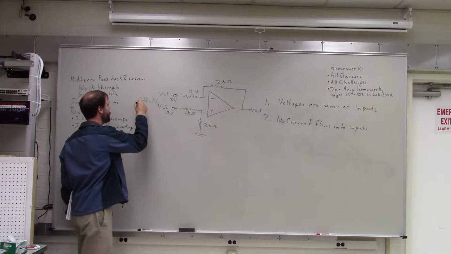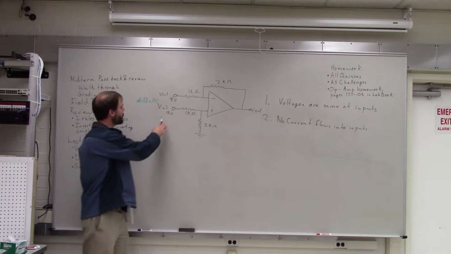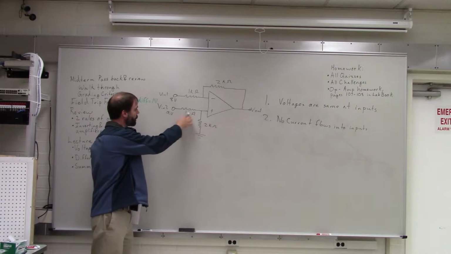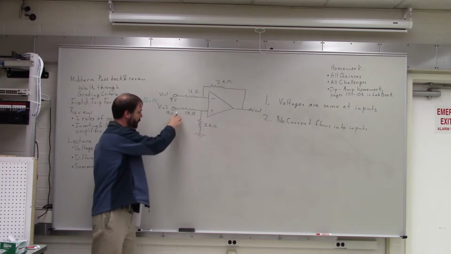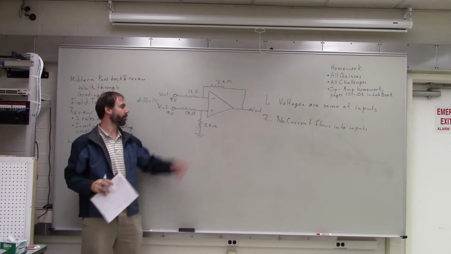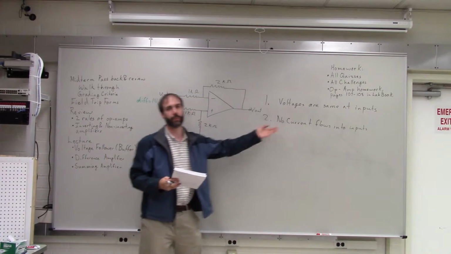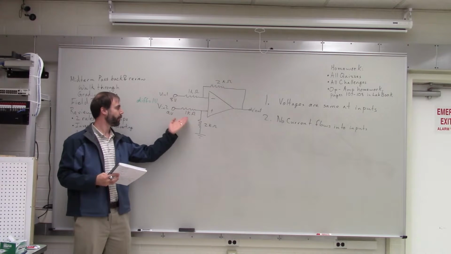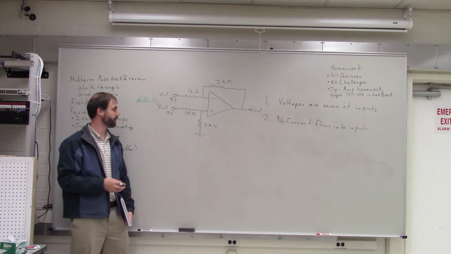Okay? So that's the difference between these two inputs. Now let's look at the bottom part of this circuit first. So we've got 9 volts, and then we've got a 1 kilo ohm resistor and a 2 kilo ohm resistor. These resistors are in series, and they're connected to the op amp, but we said that the op amp draws no current, right? So the op amp is not really affecting this series circuit.